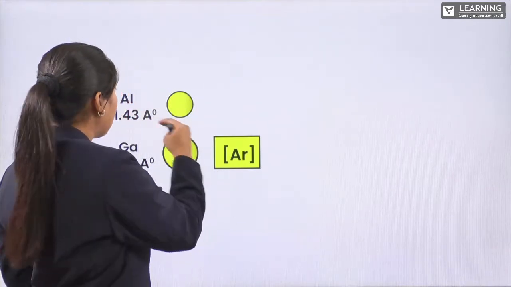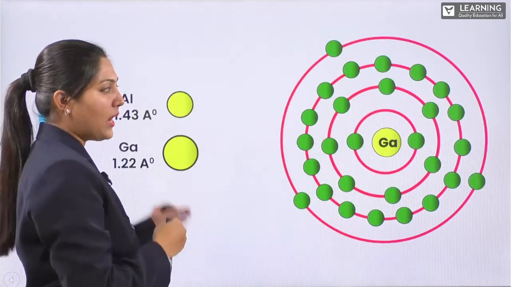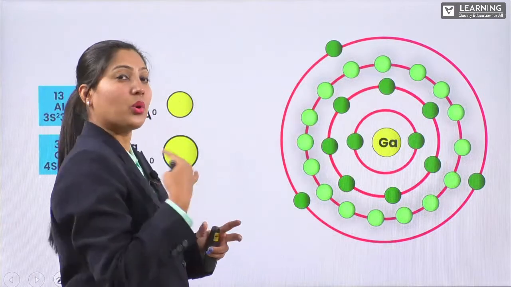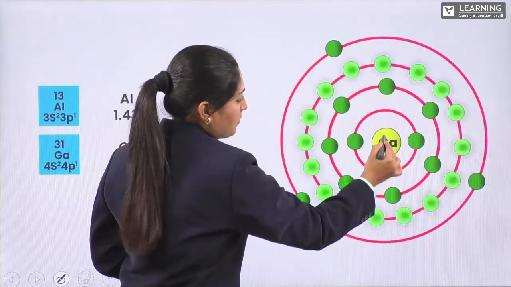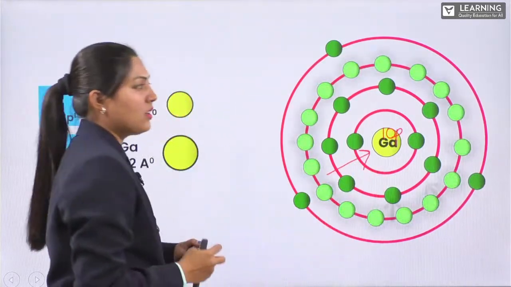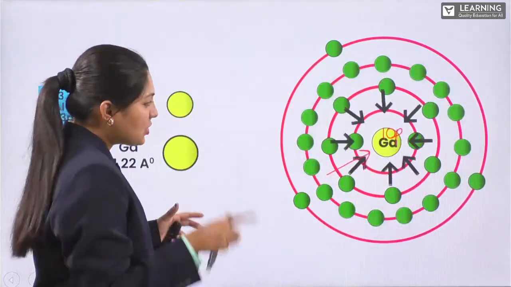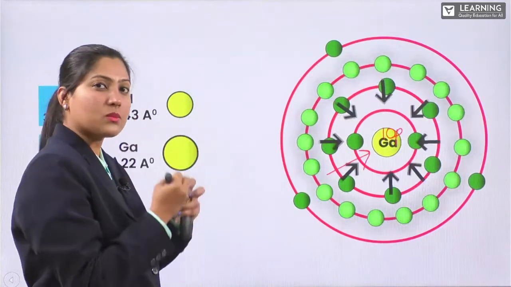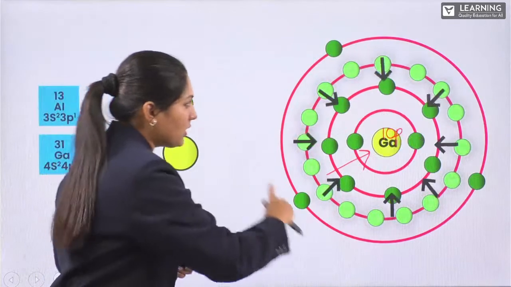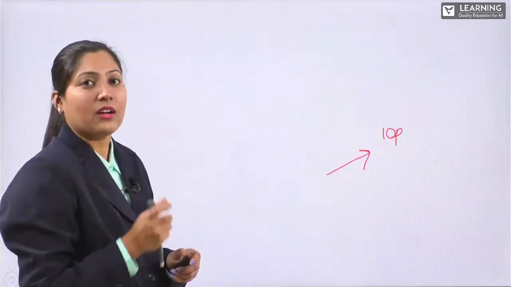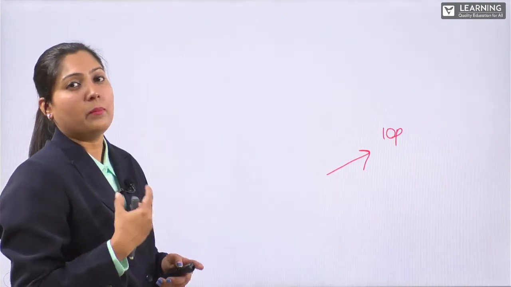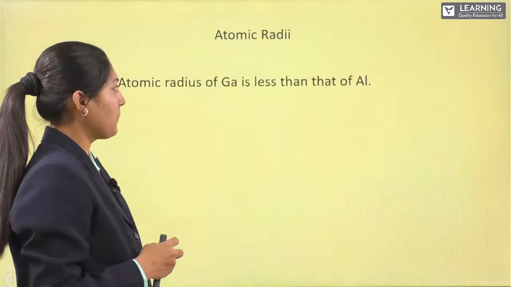That means there are 10 more protons than in aluminium. So these 10 protons will attract the electrons, and the third shell will be attracted much more than in aluminium. Due to the presence of the fully filled d orbital, the 10 extra electrons make the size decrease.